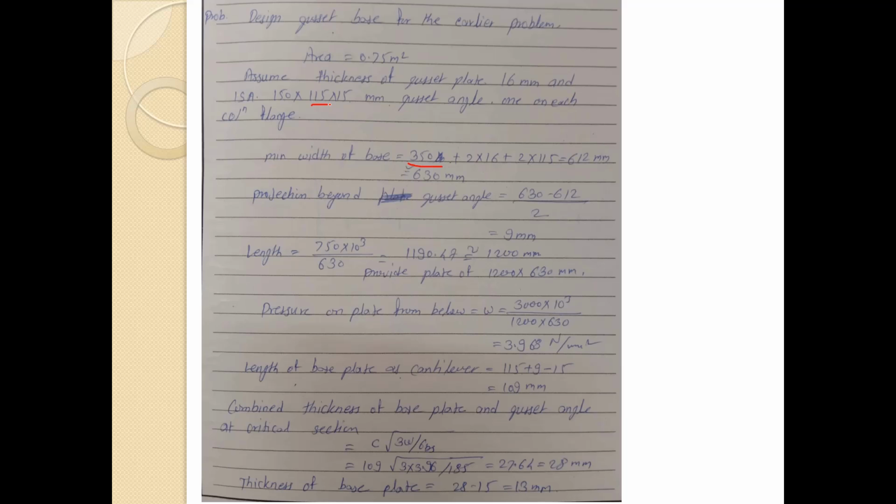So we are taking 630 mm. Now the projection beyond the gusset angle is (630 minus 612) divided by 2, that becomes 9 mm.